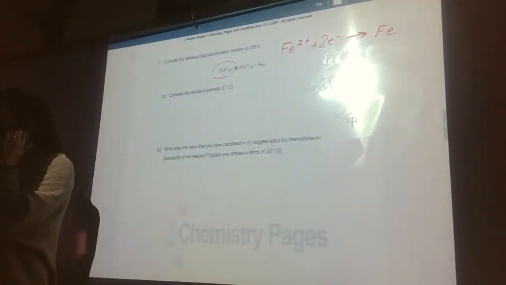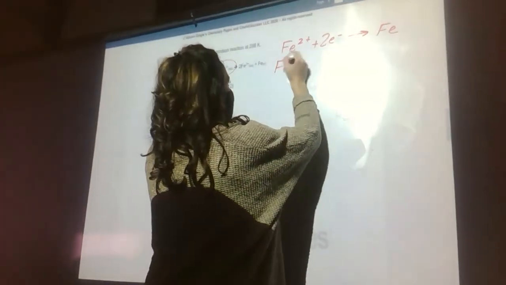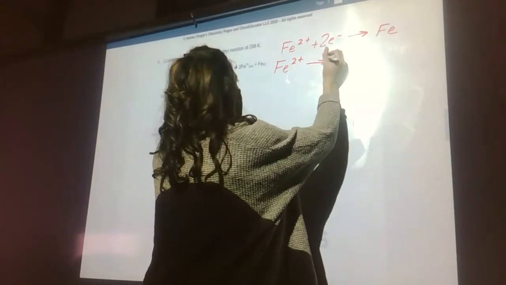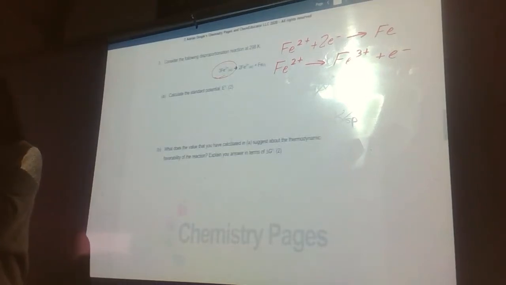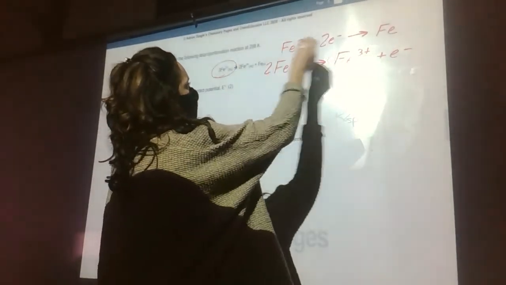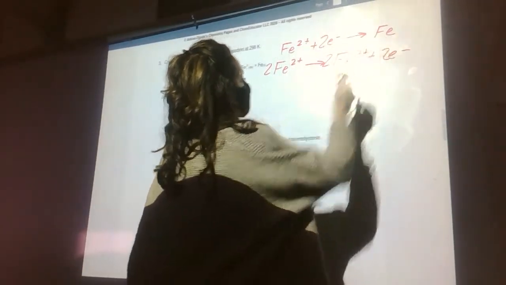That's my reduction. But then Fe2+ is also losing an electron to become Fe3+. That's my oxidation. And then if I balanced this, it would look like that. You go all the way back to redox.